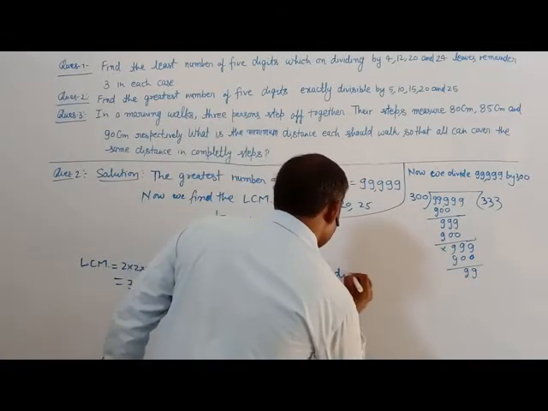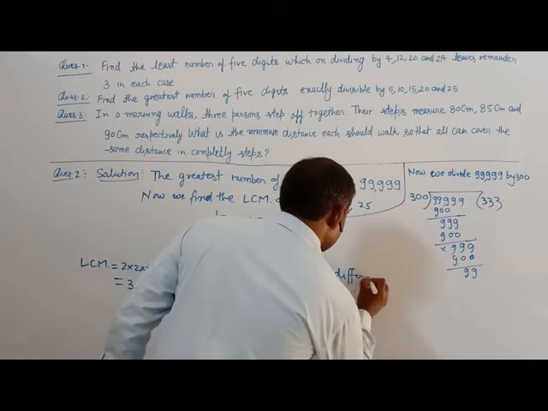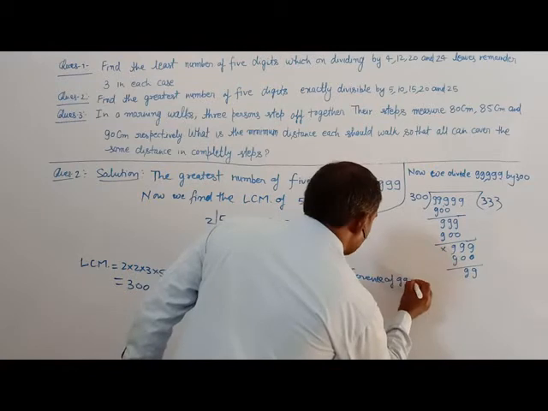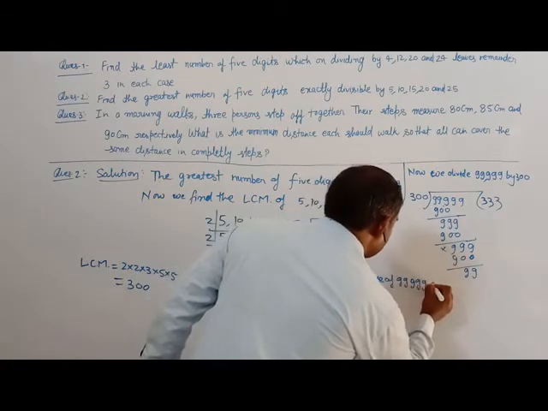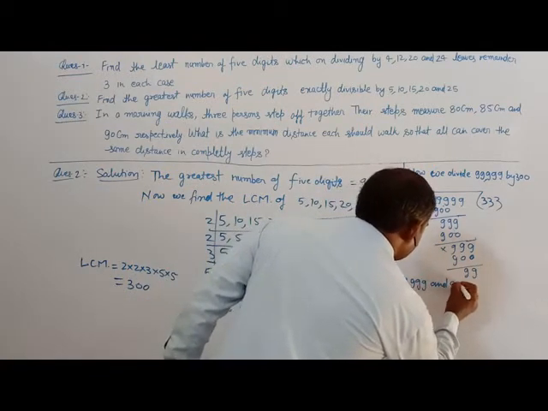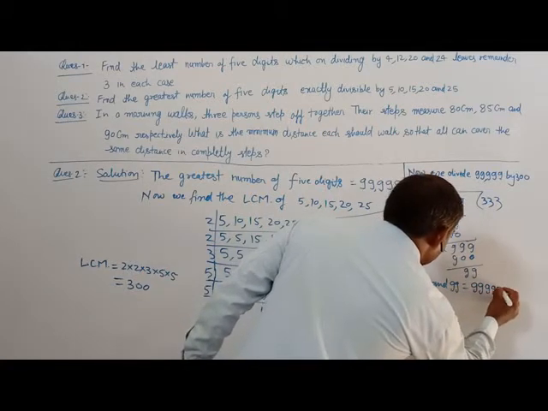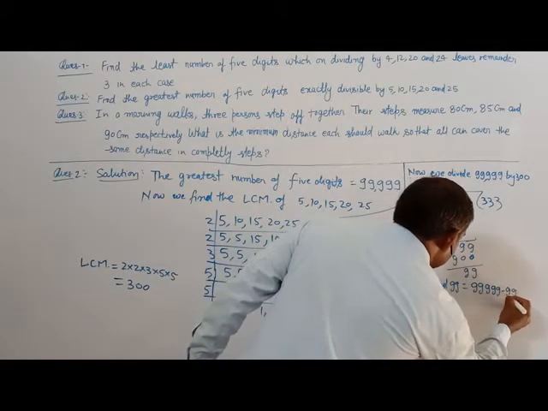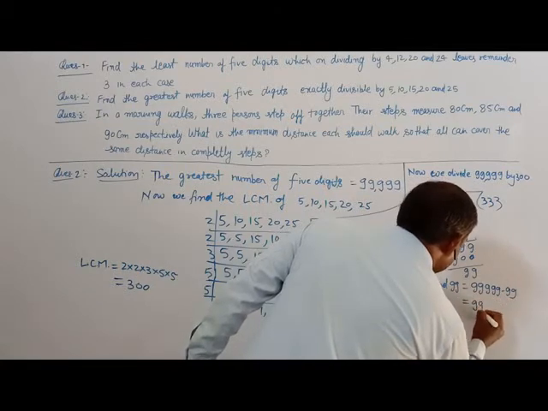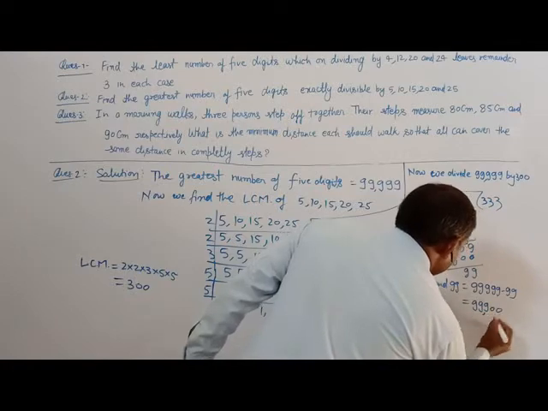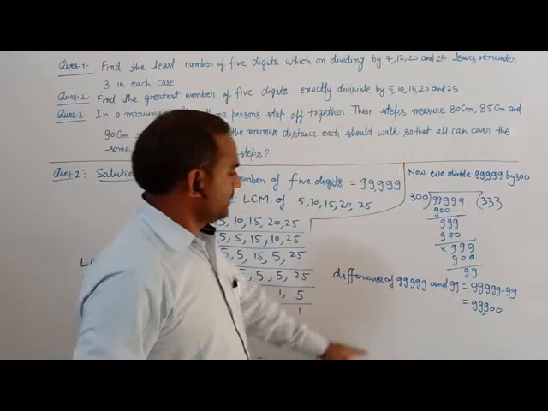The difference of 99,999 and 99 is 99,999 minus 99, which is 99,900. This is the number.